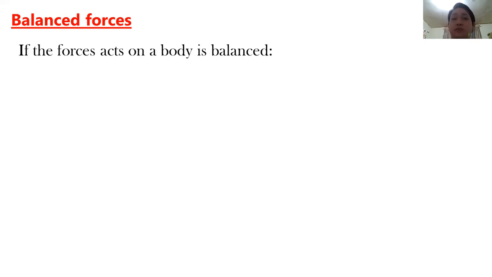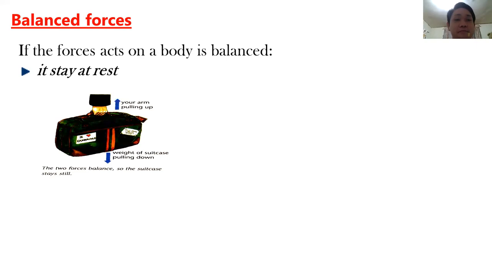Again, if the forces acting on the body are balanced, it stays at rest. As you can see in the illustration, your arm is pulling up and the weight of the suitcase is pulling down.